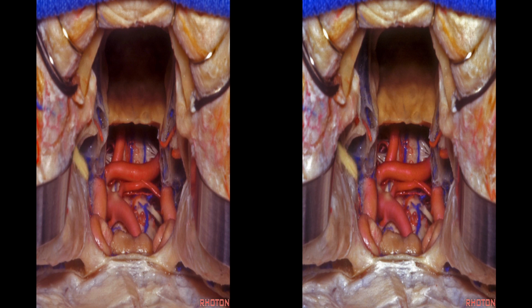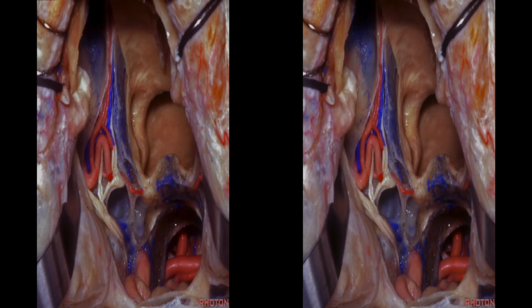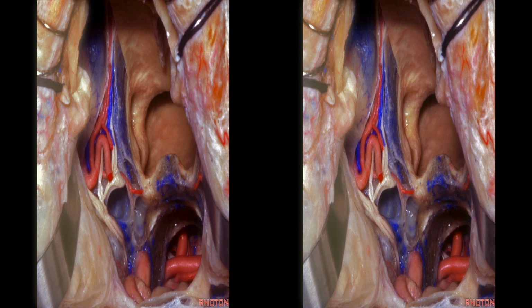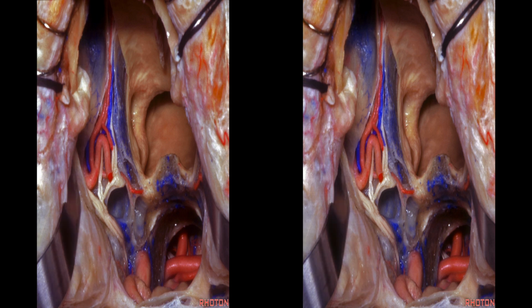What nerve here runs in the floor of the orbit, in the roof of the maxillary sinus? V2 here. And here we're looking under the orbit in the lateral part of this exposure. Here is the pterygopalatine fossa, and this is the maxillary sinus.